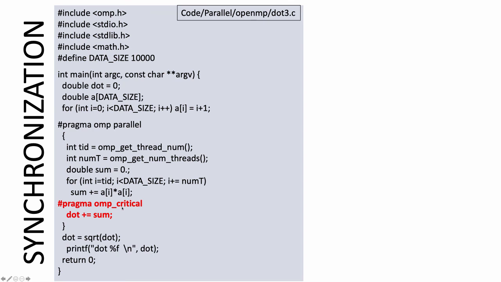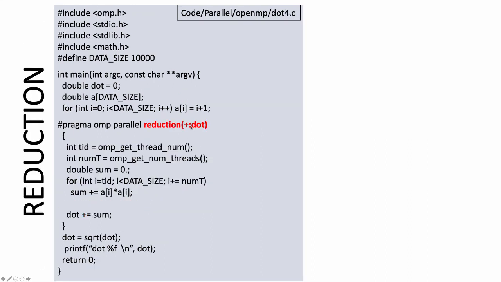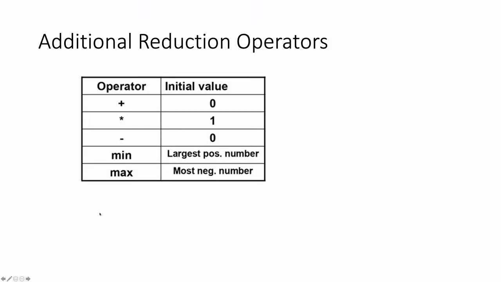With critical, you could put a little code block around here, so this could be a bunch of lines that we're working on. If we're just doing the dot, it's just one variable, one line. And for the reduction operators, as they're called, the question is, what's the initial value of the dot? When we're doing a plus and a minus, it starts at 0, and when we do times, it starts at 1.